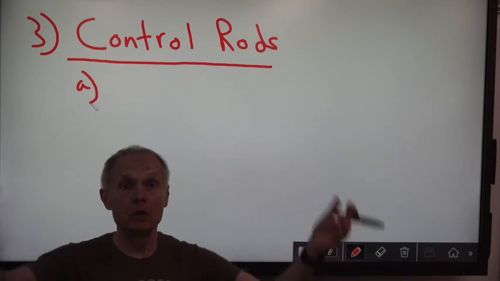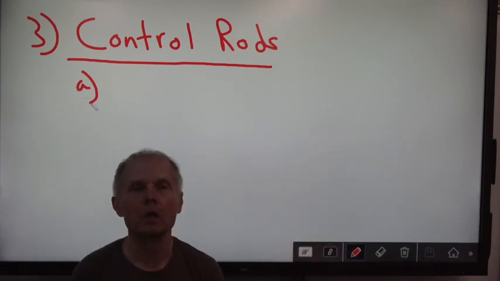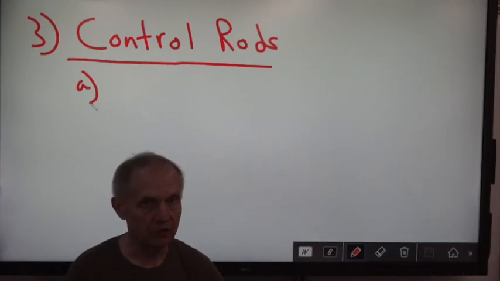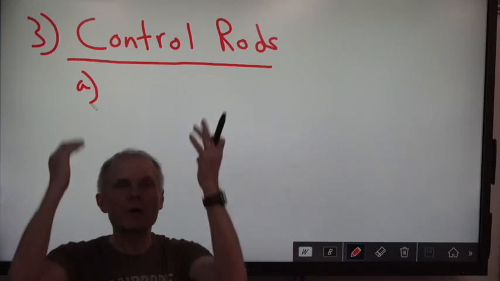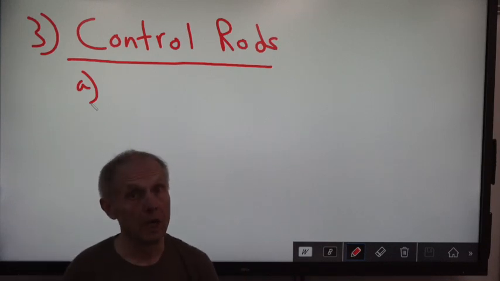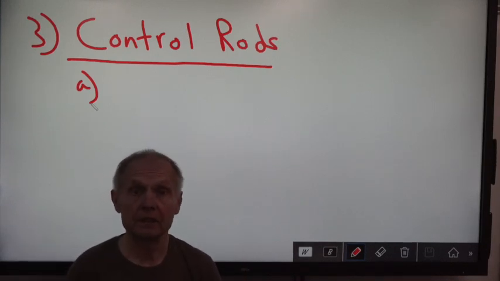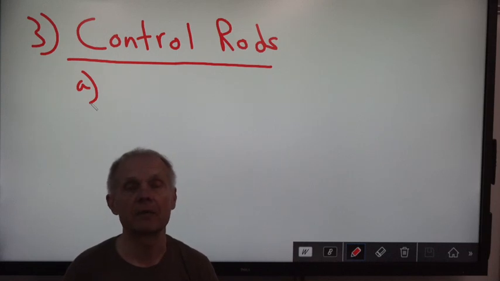If you put the control rods all the way through the core, they absorb all the neutrons and the nuclear reaction stops. If you take the control rods and lift them all out of the core, well, then the chain reaction goes on uncontrolled, and it would be like an atomic bomb explosion. Okay?